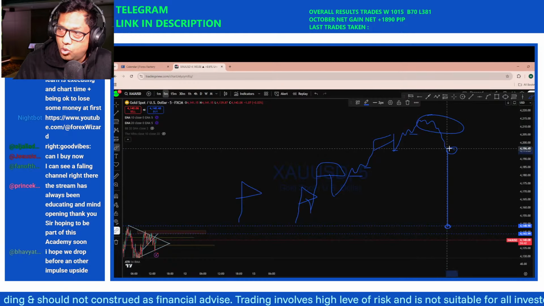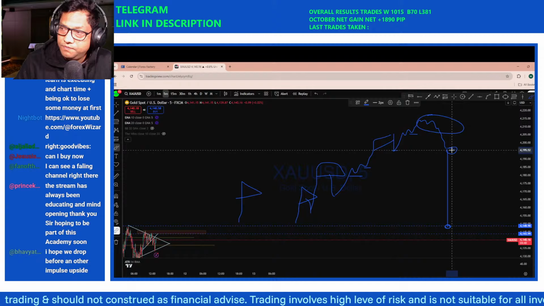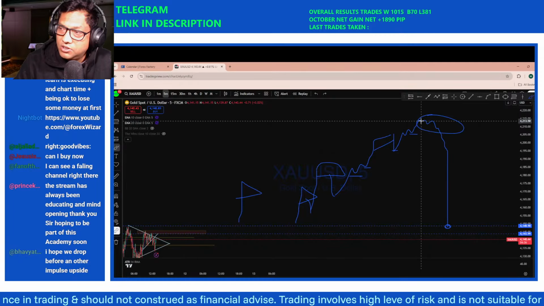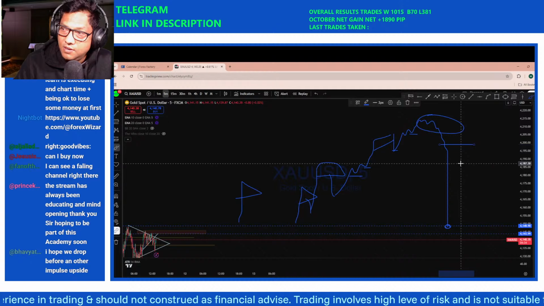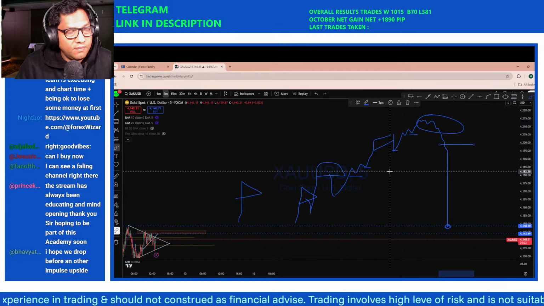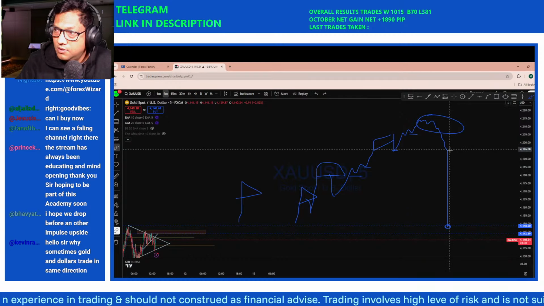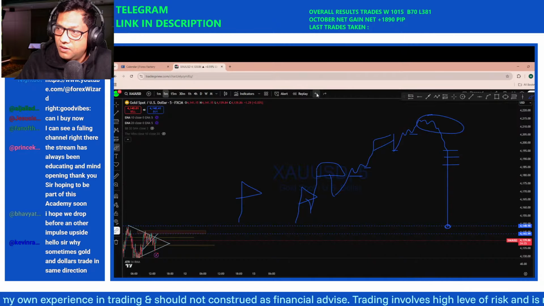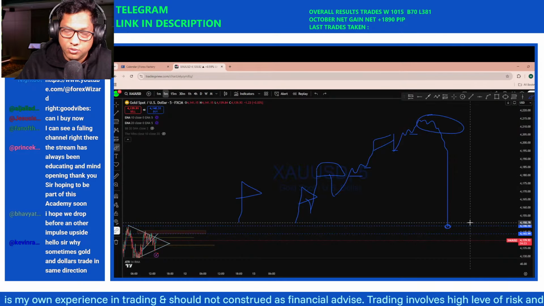If someone is closing their position, the buyer's close means that they are selling, and that's why the market remains very strongly downside.